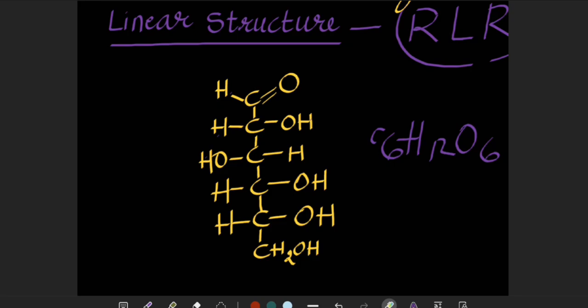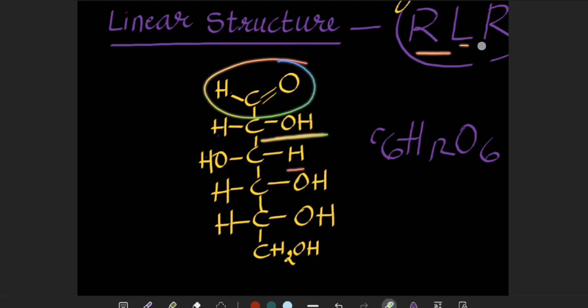So this is the linear structure of glucose. There is a code that I've written so that it'll help you remember the structure of glucose. I've written RLR. This code is associated with the hydroxyl groups present in the glucose. Below the first carbon, the second carbon contains an OH group to the right.